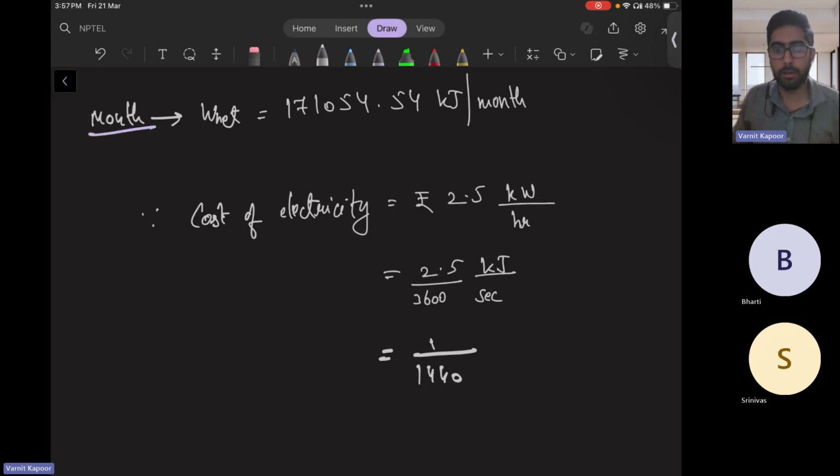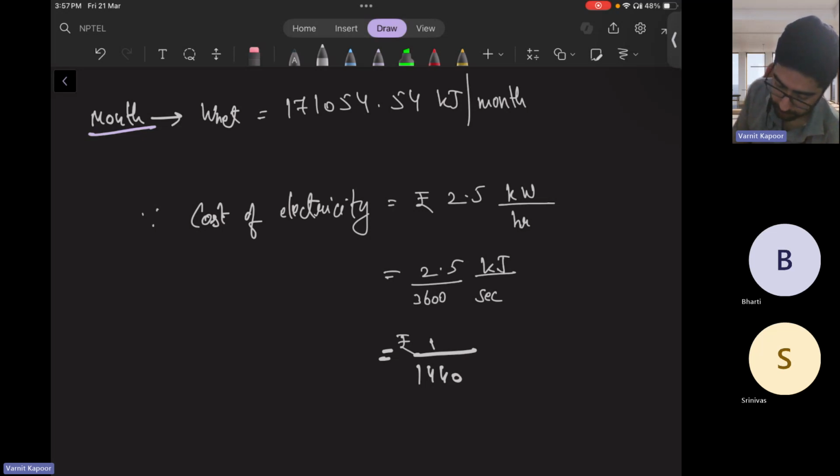And what is R in second? That is 3600. Am I going right? So it's rupees 1 by 1440 kilojoule or kilowatt per second.